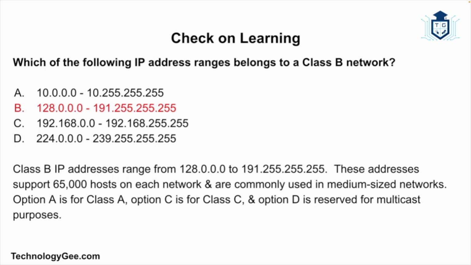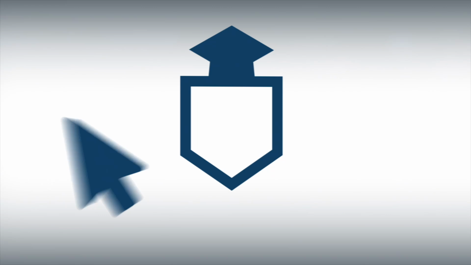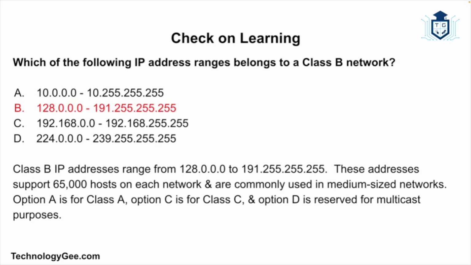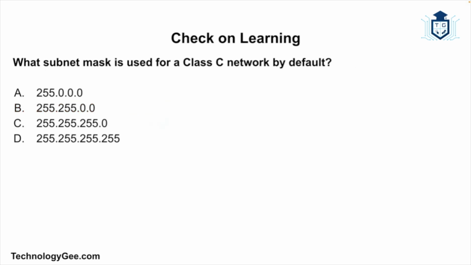And the correct answer would be 128.0.0.0 through 191.255.255.255. So Class B IP addresses range from 128 to 191, and these addresses support 65,000 hosts on each network and are commonly used in medium-sized networks. Option A is for Class A, and option C is for Class C, and option D is reserved for multicast purposes.